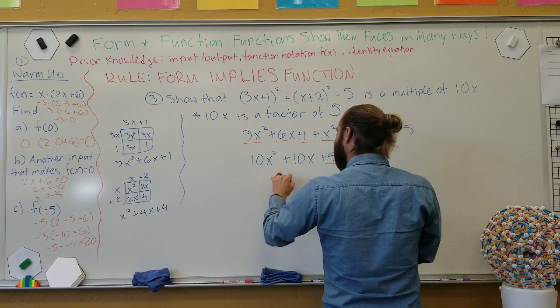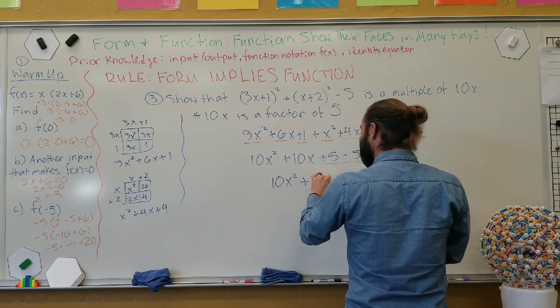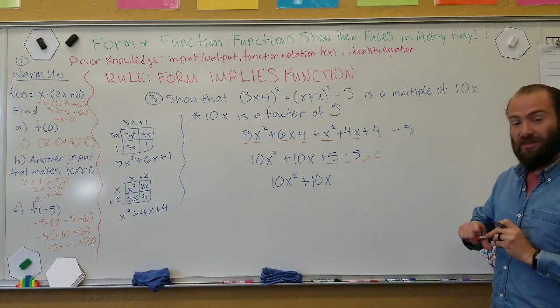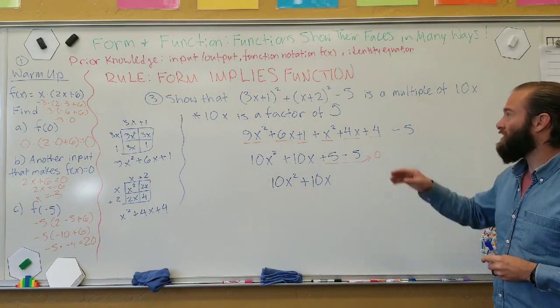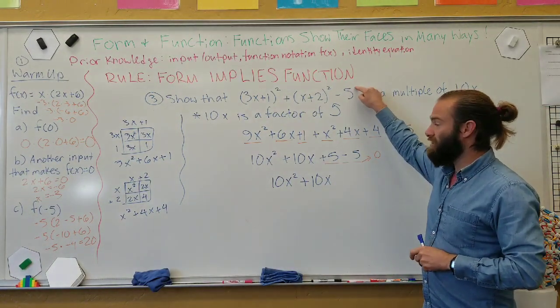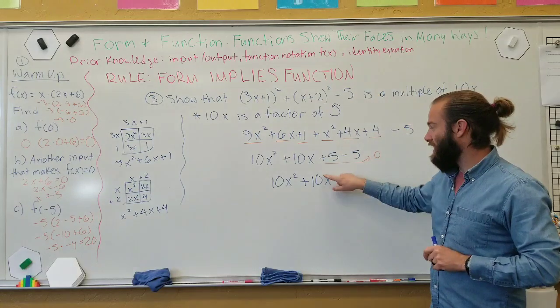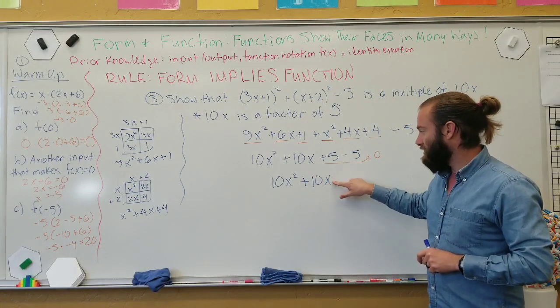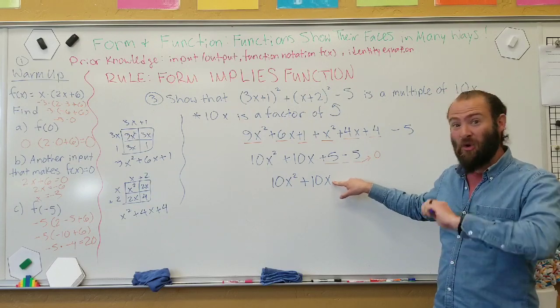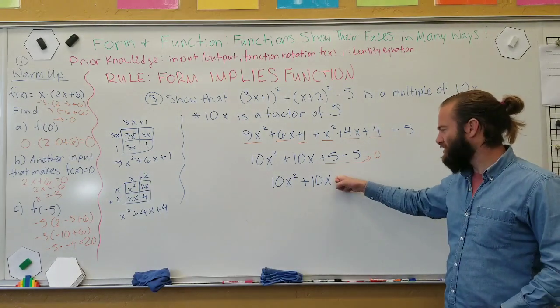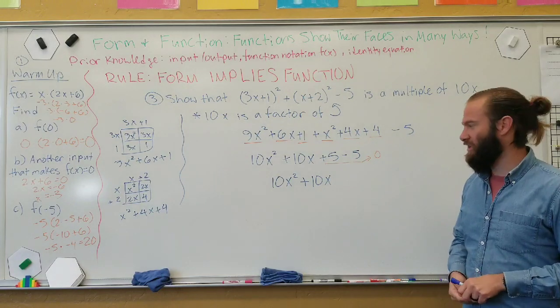So I have in the end 10x squared plus 10x. Now, isn't that a much nicer looking rule than the original one? And again, remember, form implies function. If I actually plug some number into this function, and the same number into this function, you're going to get the same output no matter what number you started with.